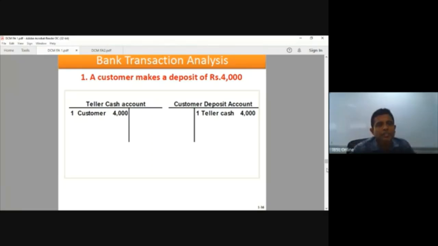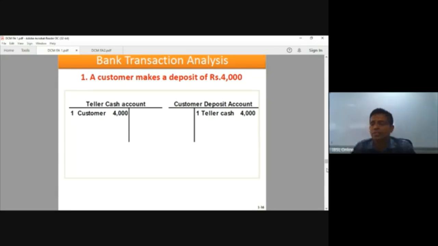When a customer makes a deposit, from the bank's point of view, banks receive cash. Cash is an asset. The bank's cash position will increase. Here the representation of cash, the account, will be teller cash. In a bank, there would be several representations of cash accounts: teller cash, vault cash, owning officer cash, ATM cash, drop safe cash, right? There are a number of accounts to represent cash.